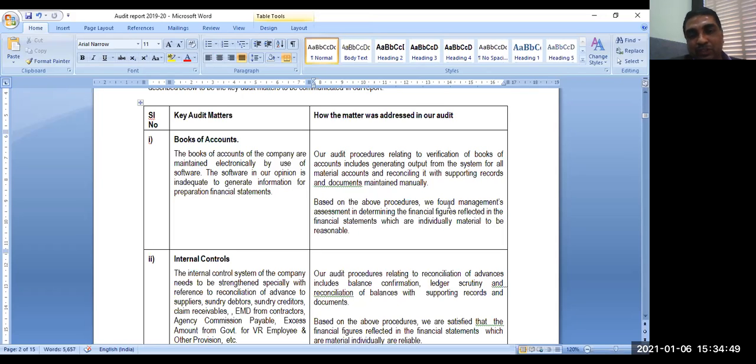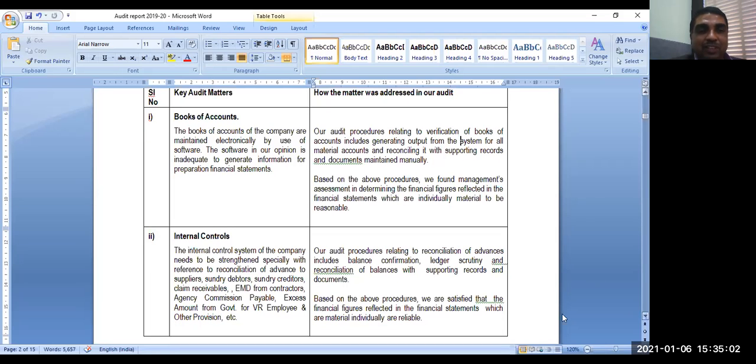Based on the above procedure, we found management's assessment in determining the financial figures reflected in the financial statements, which are individually material, to be reasonable. The auditor finds that it's okay, reasonable. So that means there was some issue, and how the issue was addressed is also written here.